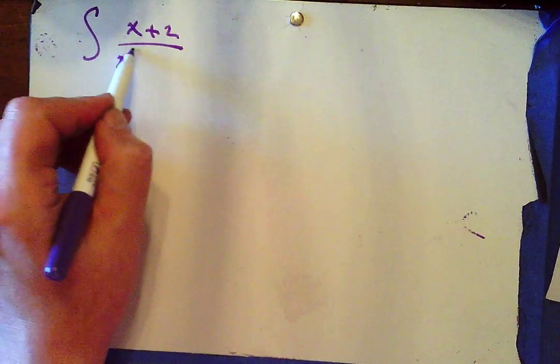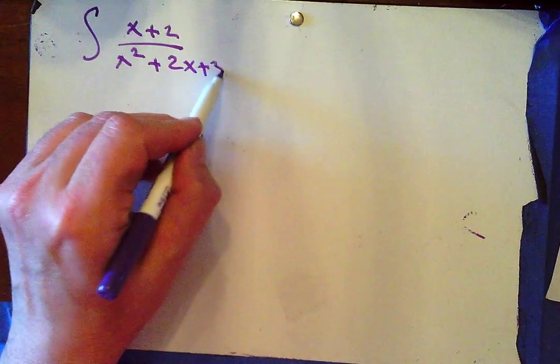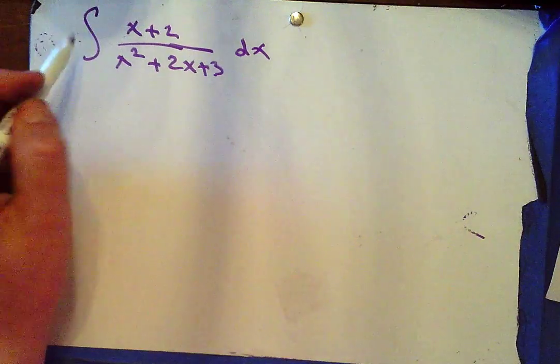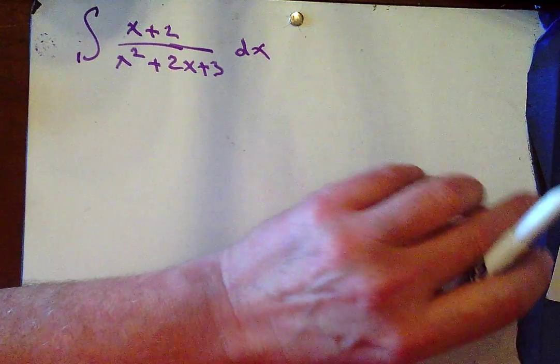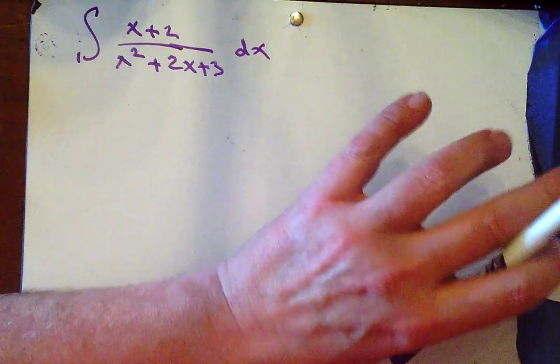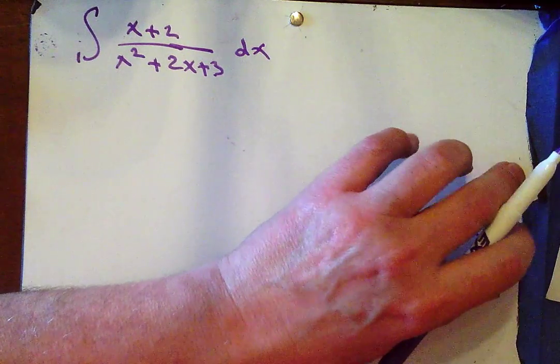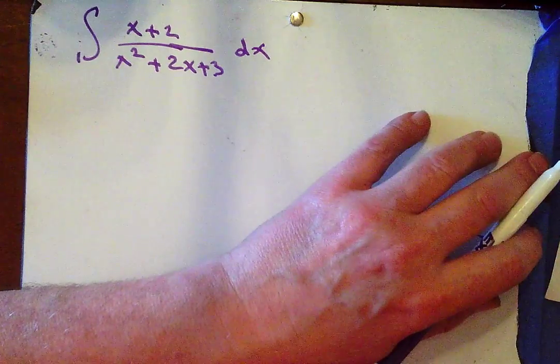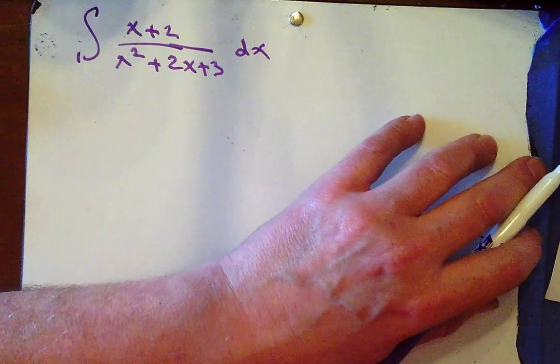All right, how about this one? The integral of x plus 2 over x squared plus 2x plus 3 dx. What an interesting problem, because I'm not actually sure how to do this.